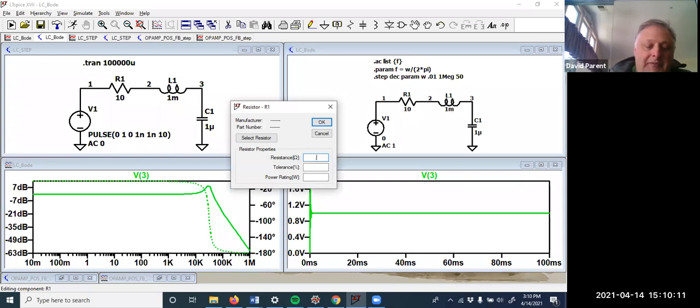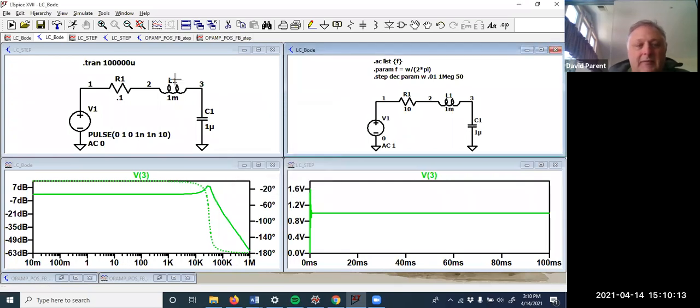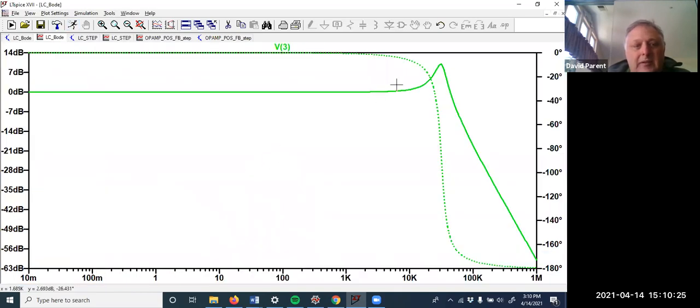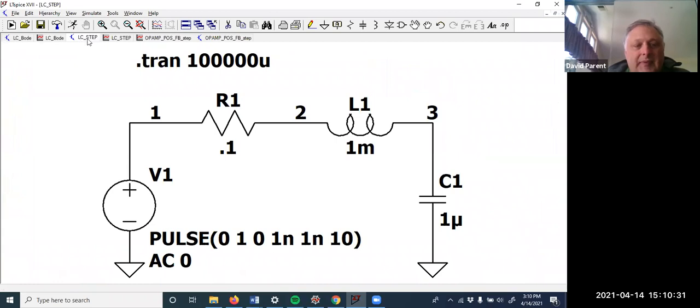Now, what if I had 0.1? Okay. So we're starting to see a lot of gain at that frequency.